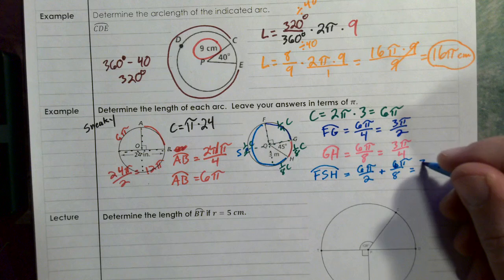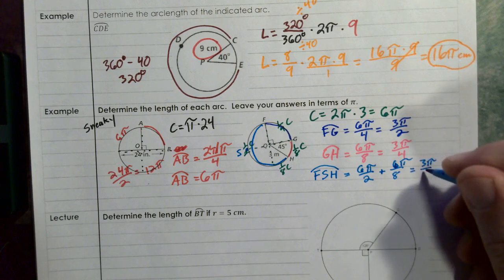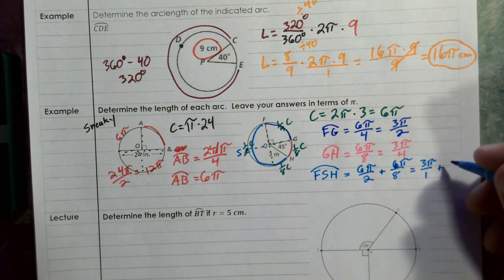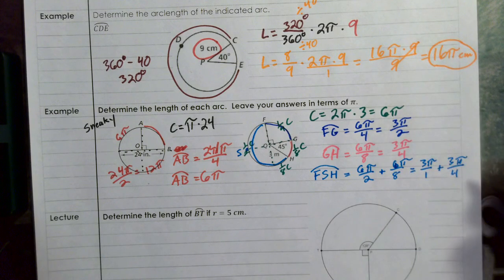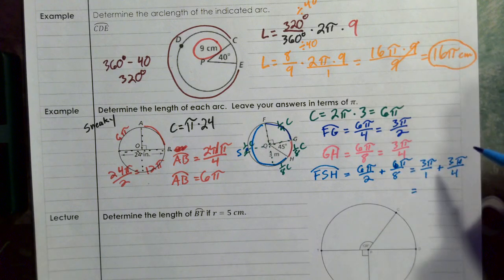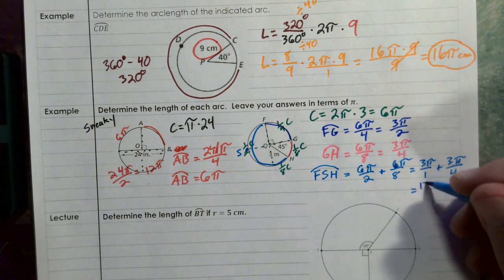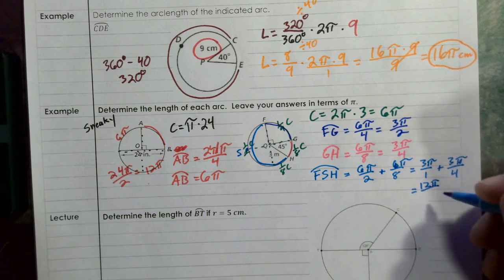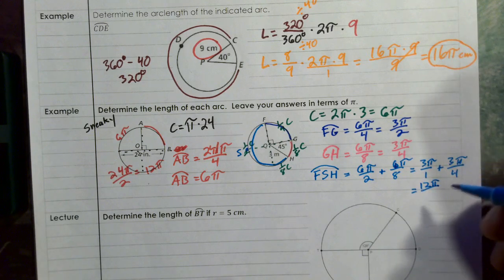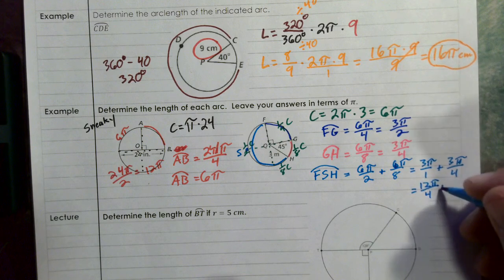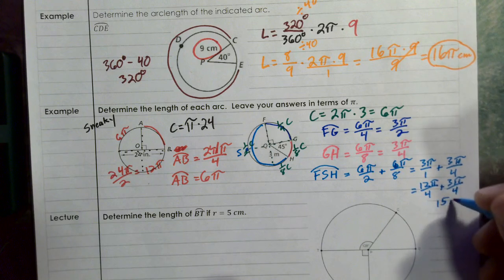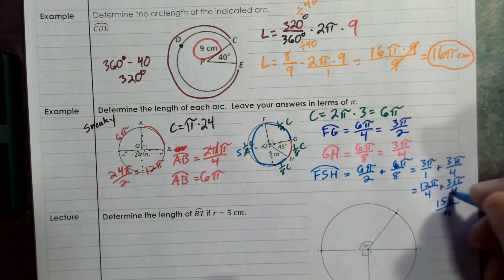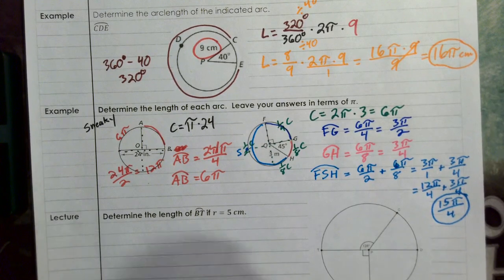So that is 3 pi over 1 plus 3 pi over 4, if I'm dividing top and bottom by 2. I need a common denominator there so I can put those two together. So that's 12 pi, which I probably should have done first before I simplified. So 12 pi over 4 plus 3 pi over 4, we get 15 pi over 4. Huzzah for our final arc.